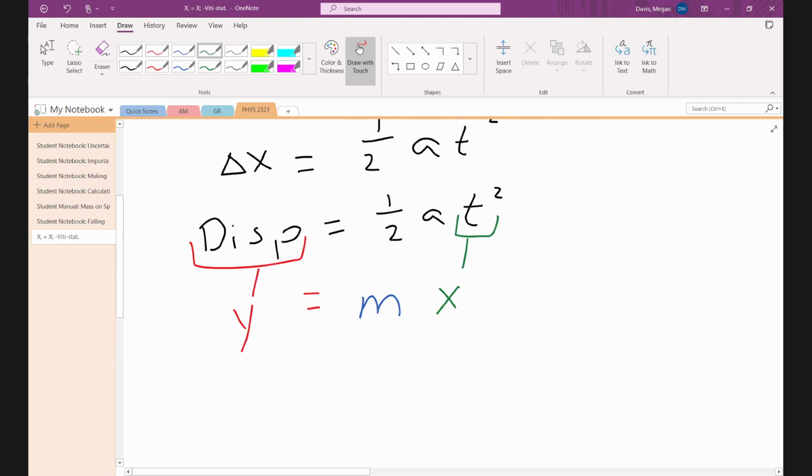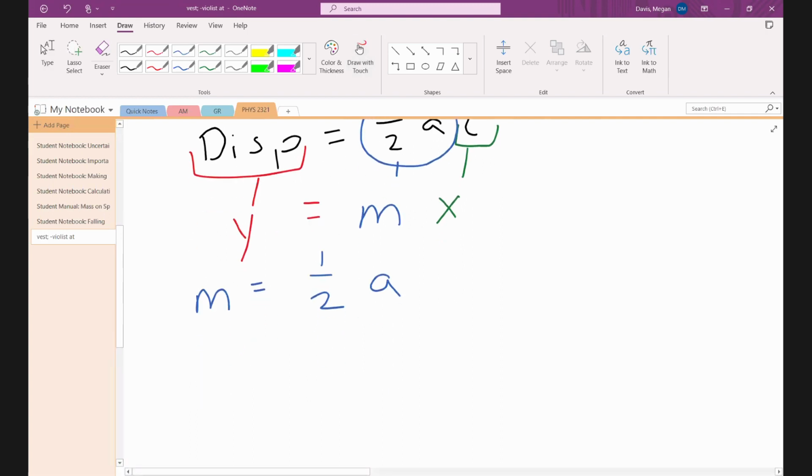This is what's a little confusing. We've been working with time squared as our y values up until now, but for this lab, they are actually your x values. So that means that everything that's left over is equal to the slope. So the slope is equal to 1/2 acceleration, or with just a little bit of algebra, acceleration is equal to 2 times your slope.